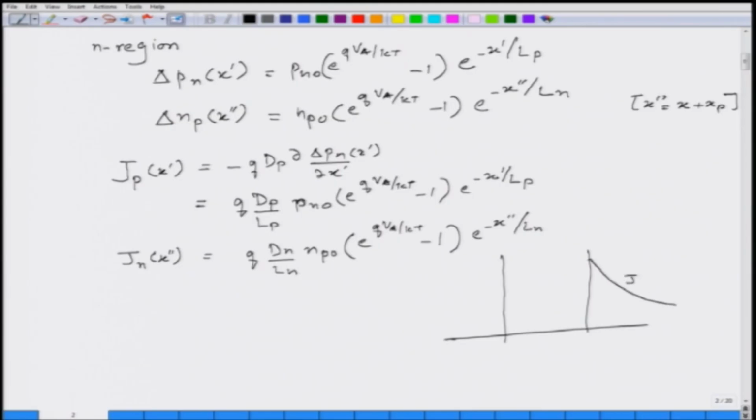This is the expression for J p, and then I have an expression for J n in terms of this new scale of x prime and x double prime.